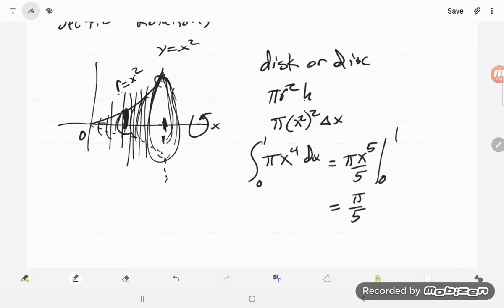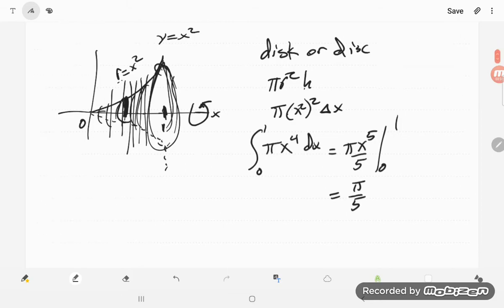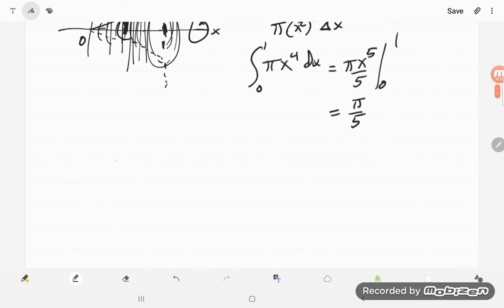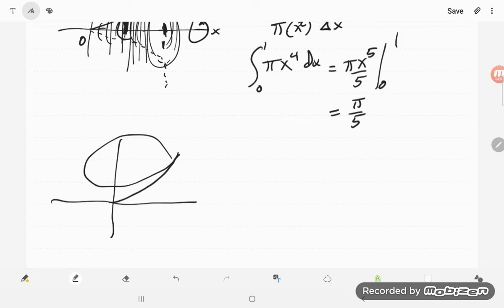Okay, so that's a rotation around the x-axis, but I could have taken that same curve and rotated it around the y-axis. And so as I do that, then you see I make my arrows here.